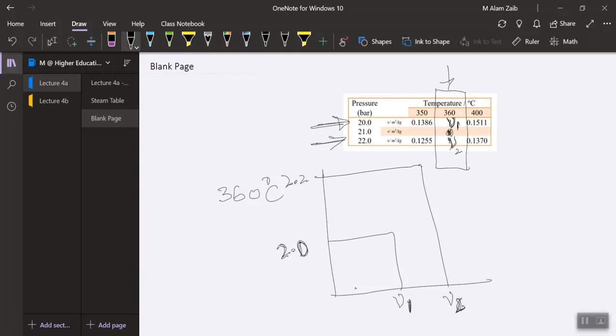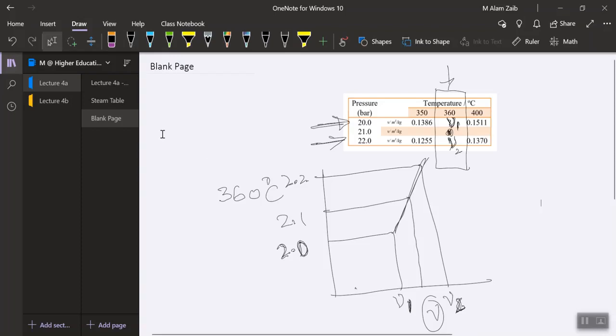So now, at 2.1, I would find the volume, which is the required volume. I hope you understand that one. If you don't, can you please skip back, and obviously that would be easy for you to understand now.